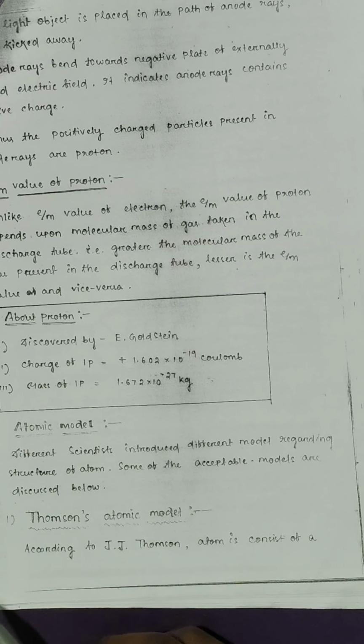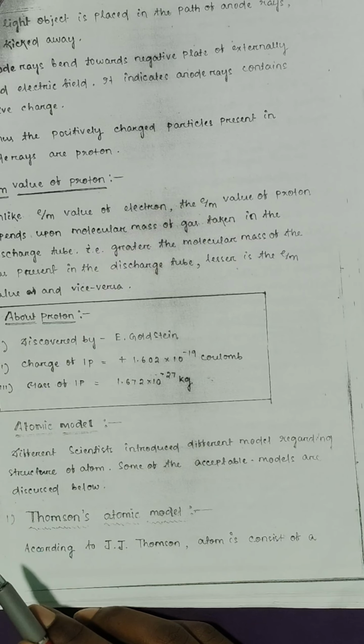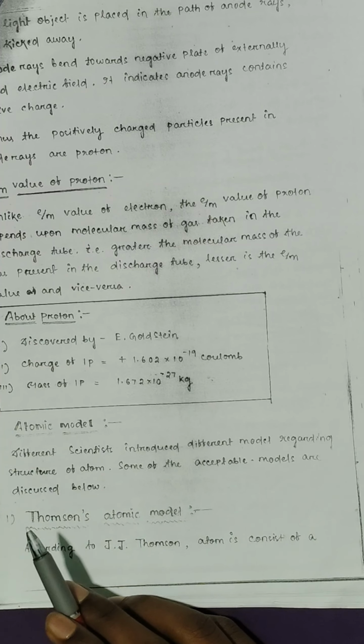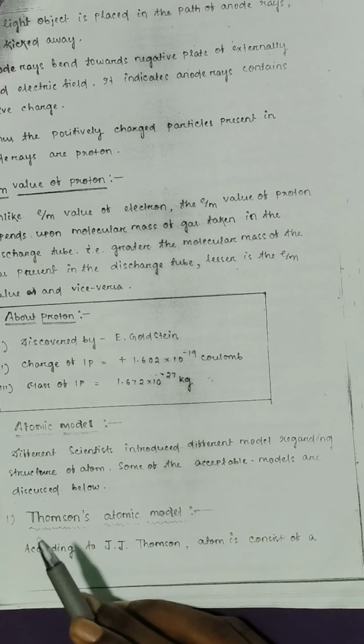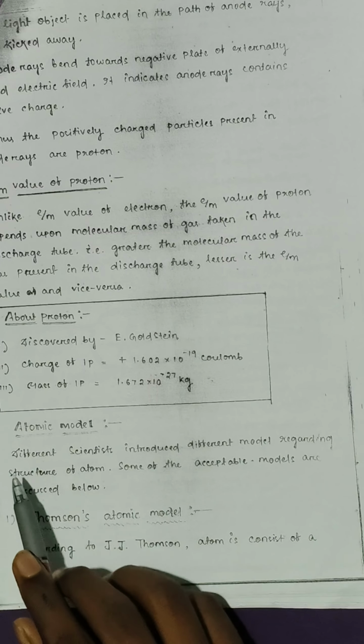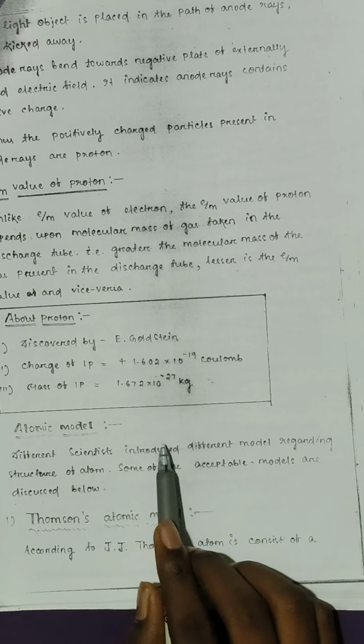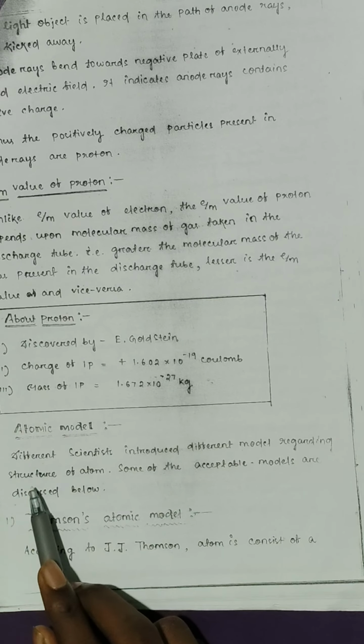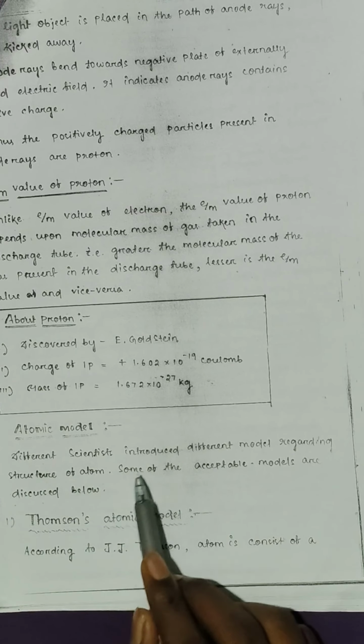After making a model, they added the neutron. So, different scientists introduced different models regarding the structure of the atom.